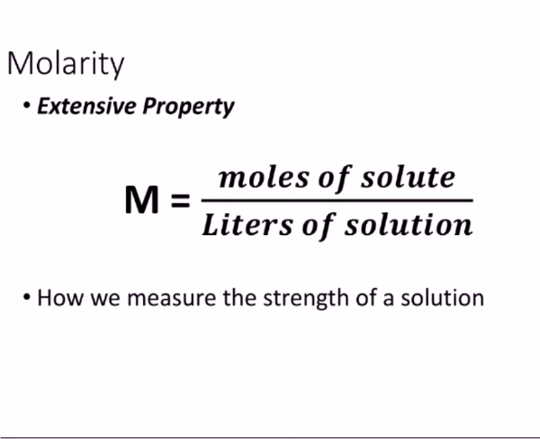Notice this is an extensive property. What does extensive mean? Review from like Unit 1. Vocab. Extensive versus intensive. Let's talk about intensive. Isn't extensive like it works for like everything? No, not exactly.